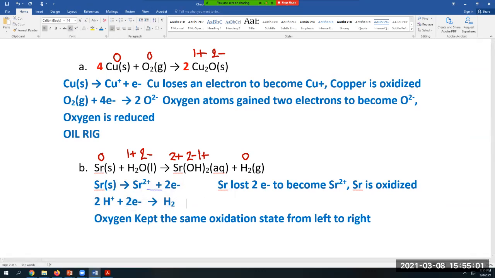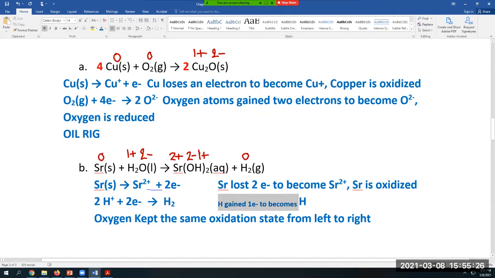So in this case, hydrogen gained. So if we look at hydrogen atoms, you say that it gained 1 electron to become just H without any charge.